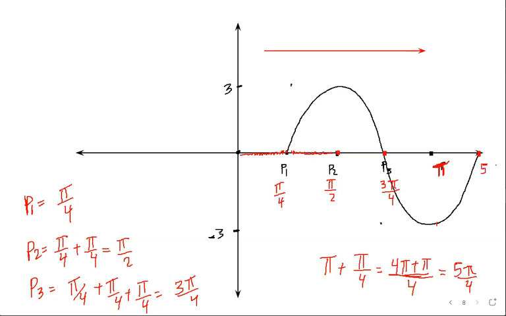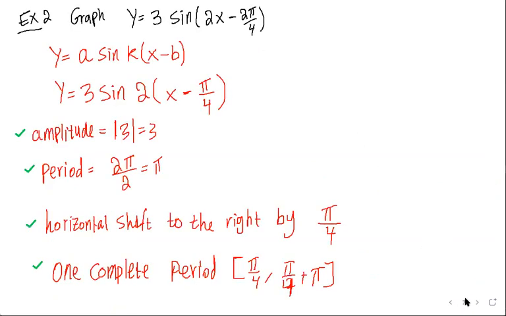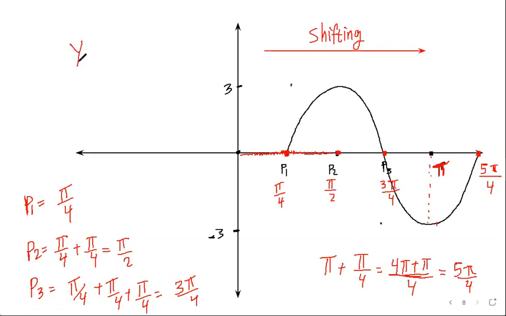This is 5 pi over 4. Any question? So this is the graph of y equals 3 sine of 2 times x minus pi over 4.